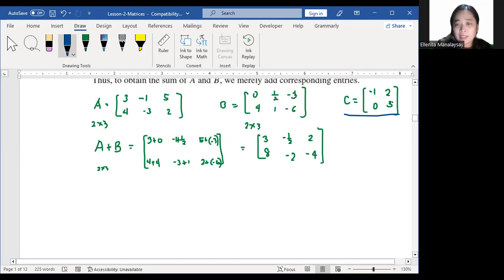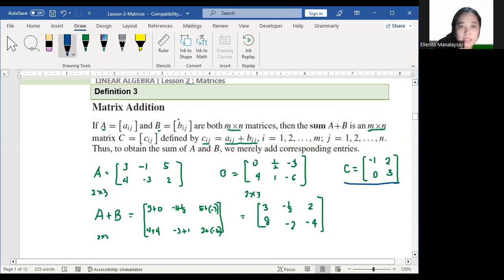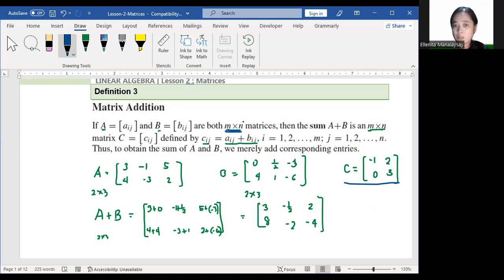But matrix C has no third column. So ano yung i-add natin corresponding to the third column of matrix A or matrix B? So we cannot do addition if that is the case. So I would like to emphasize that we can only add matrices if they have the same number of rows and the same number of columns.